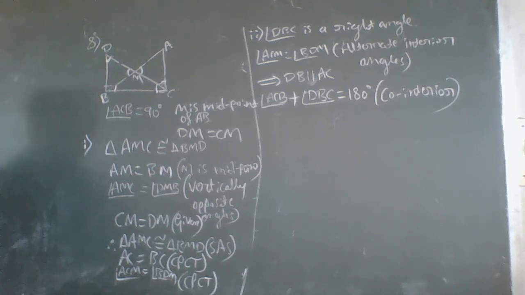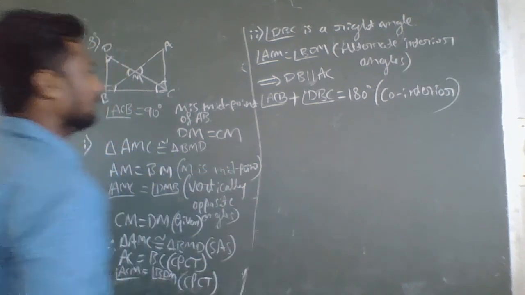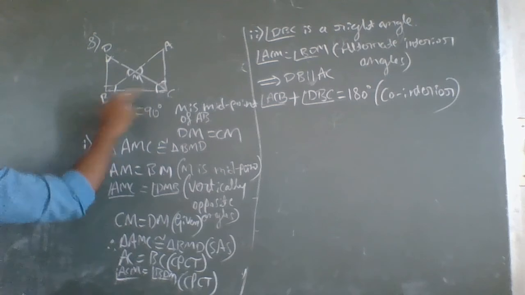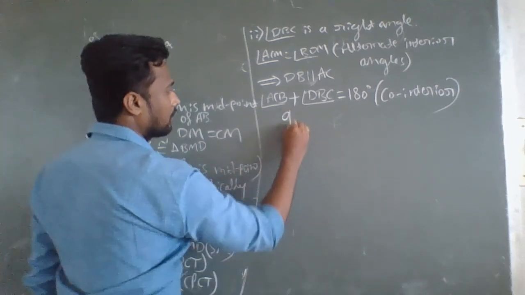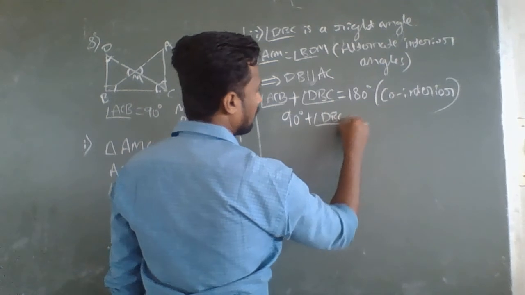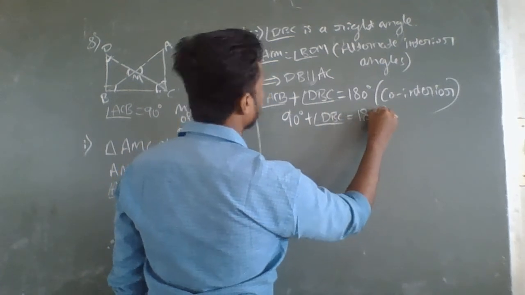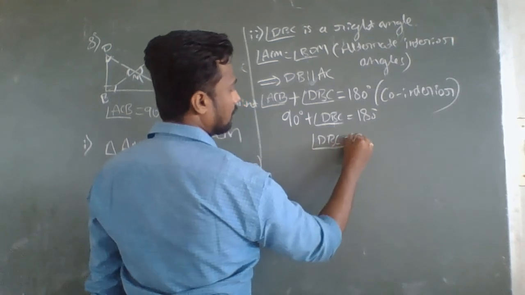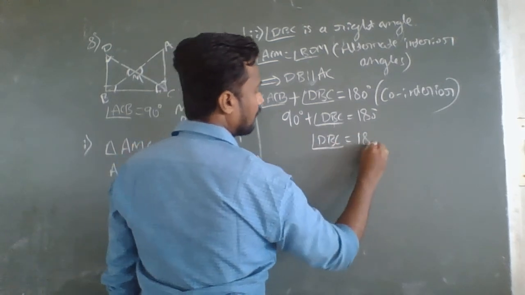degrees. So here, they have given angle ACB is equal to 90 degrees. This is 90 degrees. Therefore, 90 degrees plus angle DBC is equal to 180 degrees.